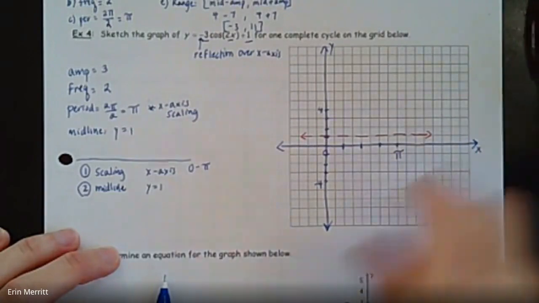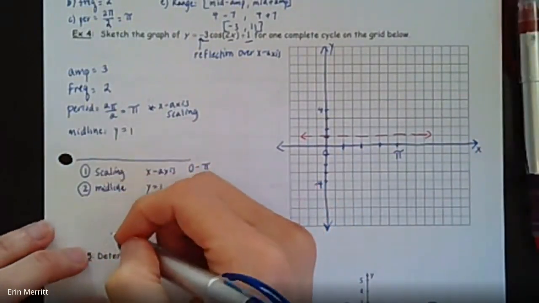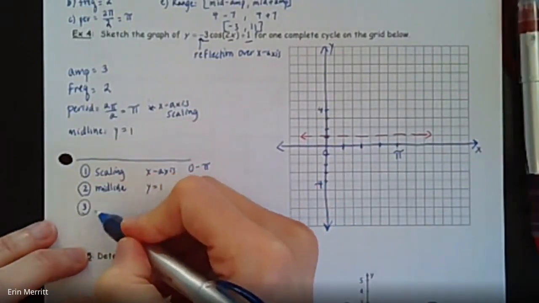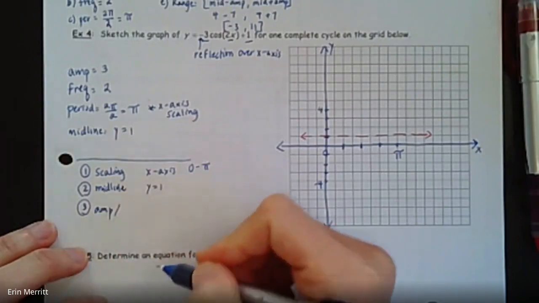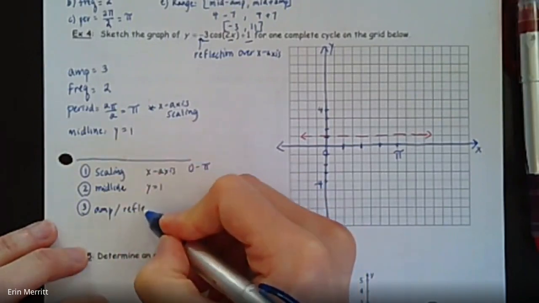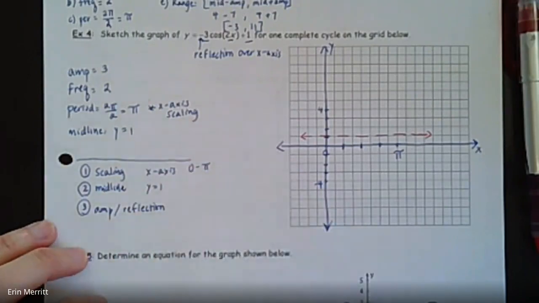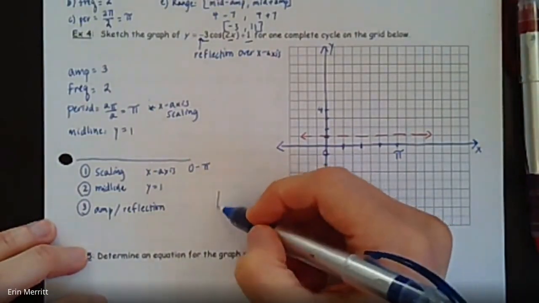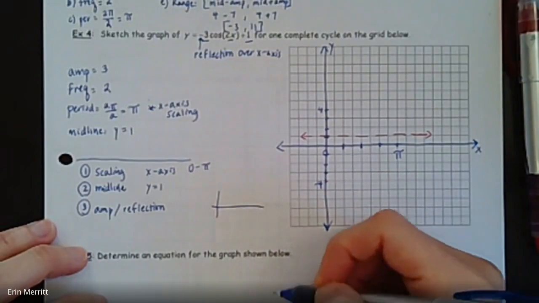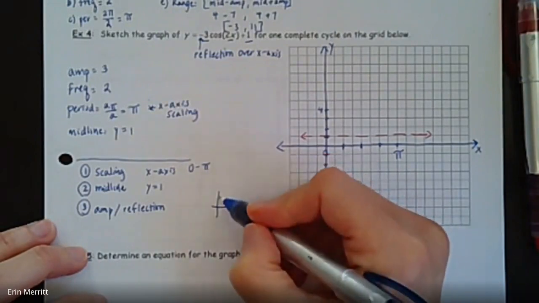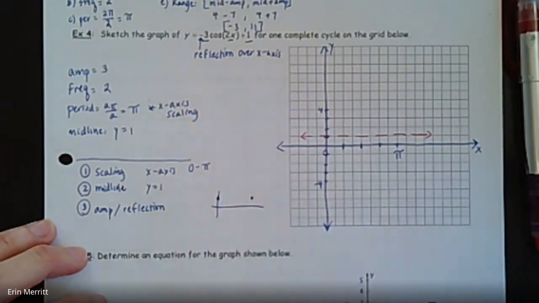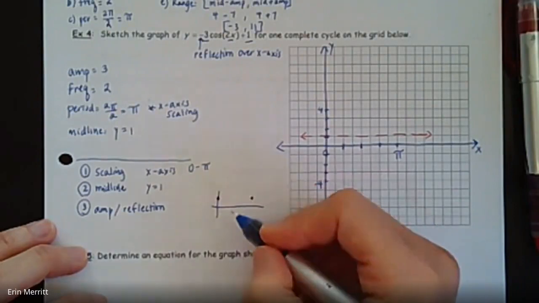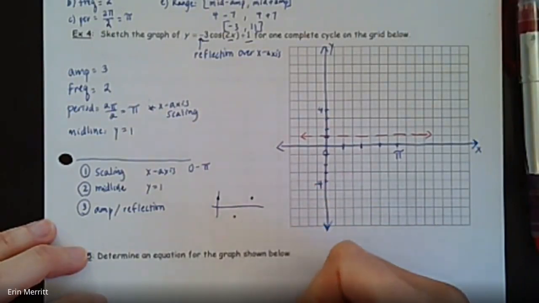And then from here, now I have to think about the amplitude, and in this case, the fact that we have a reflection going on as well. This, again, is a cosine graph. So I think it's a good idea, off to the side, to sketch a basic cosine graph. It starts and finishes typically above the midline. Dead center, it's below the midline.